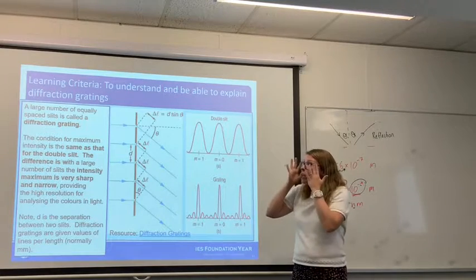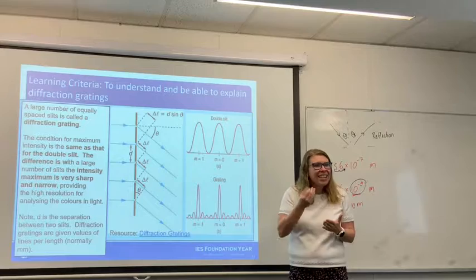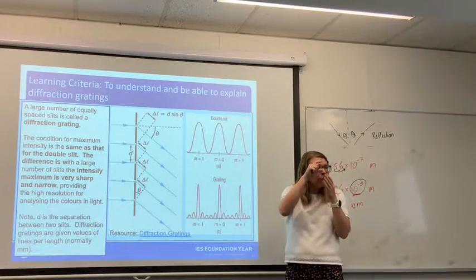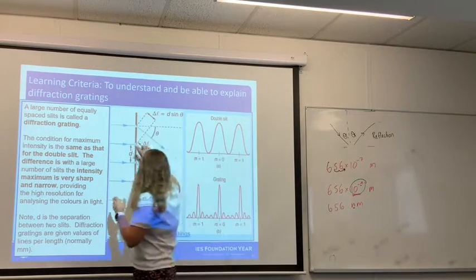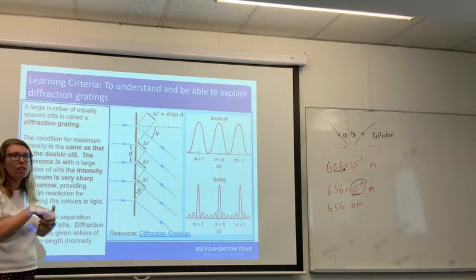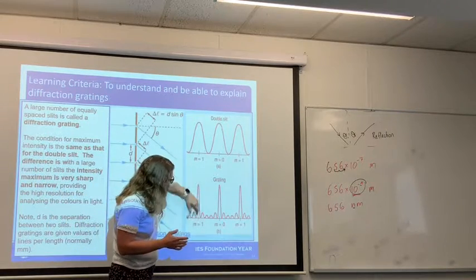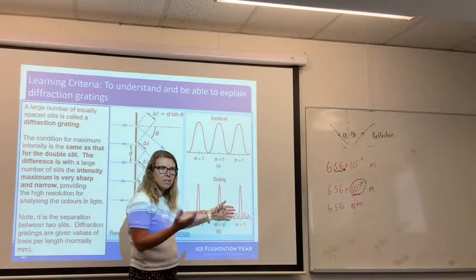So they discovered that if we use a diffraction grating, so hundreds, thousands of gaps, the way that the waves undergo constructive and deconstructive interference allows for much clearer points.